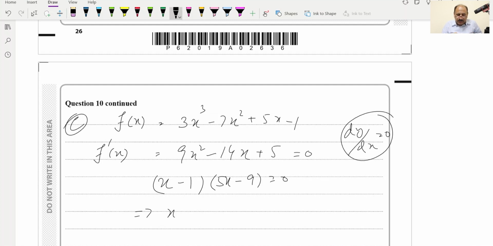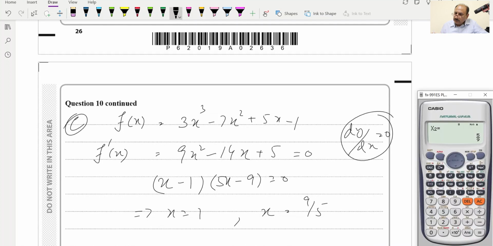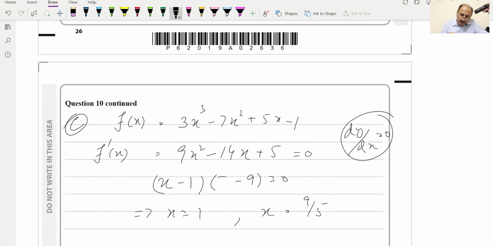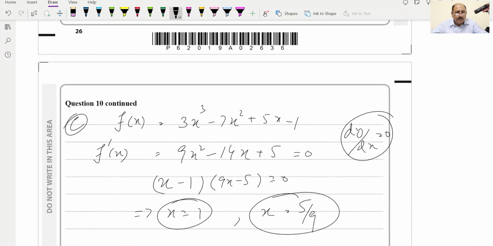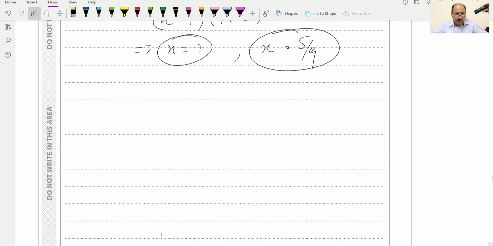So this implies x is equal to 1 and x is equal to 5 over 9. This will be our answer.